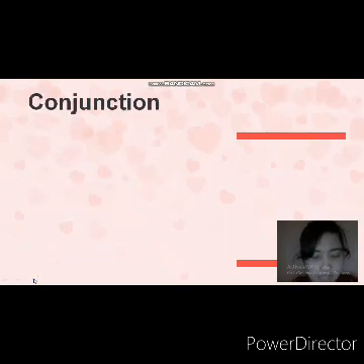Next, conjunction. Another common truth-functional operation is the conjunction, and the conjunction of sentences A and B will be denoted by A ∧ B, and has the following truth table.